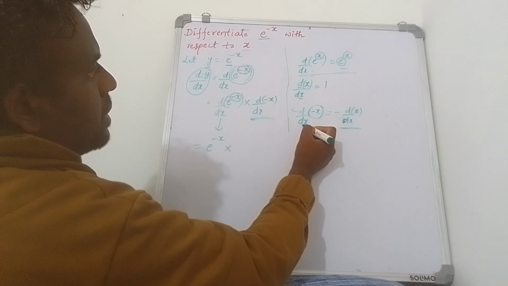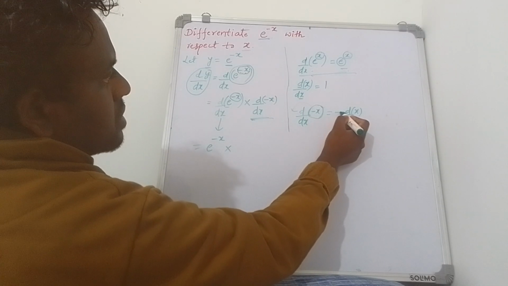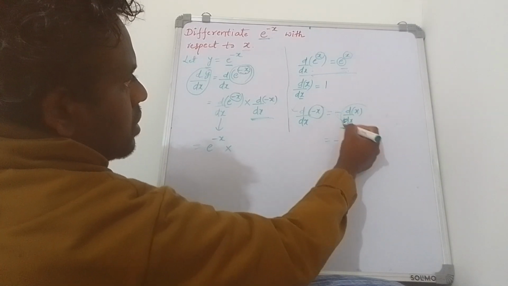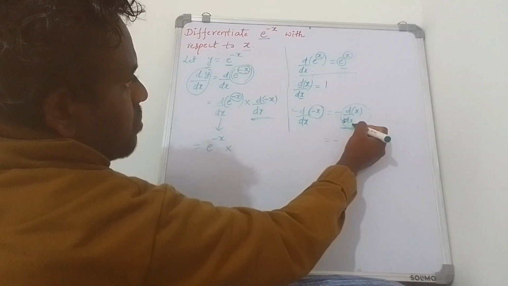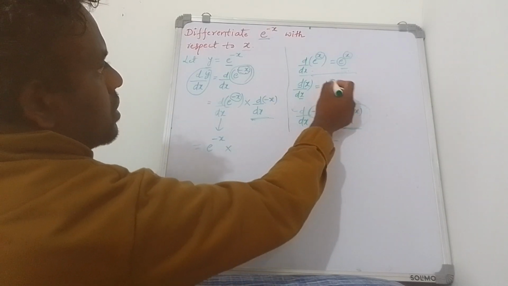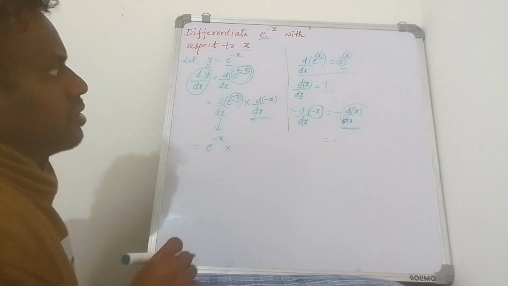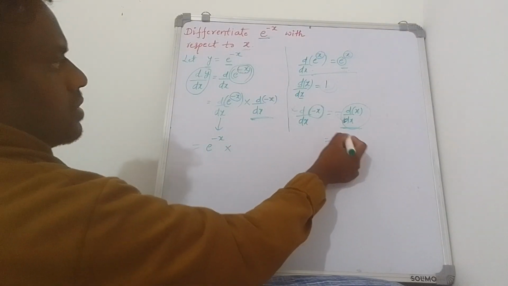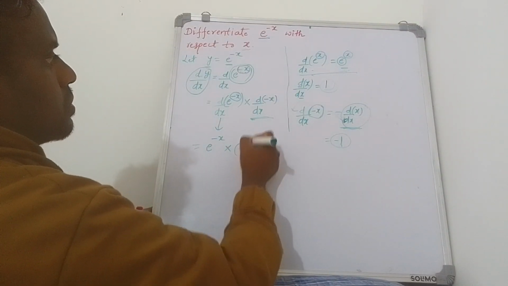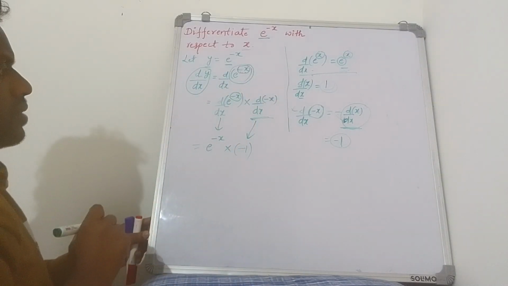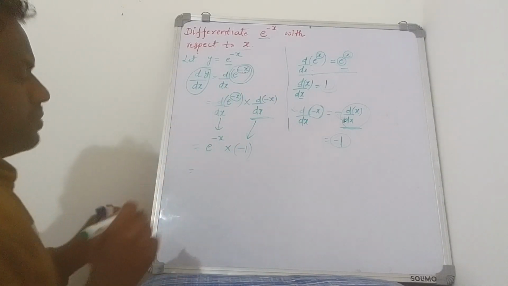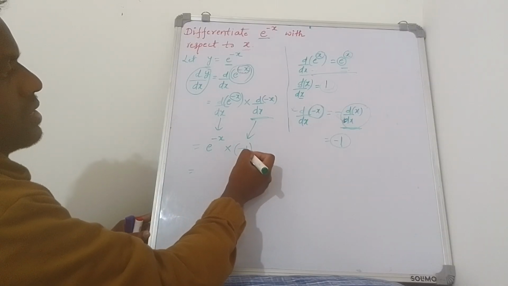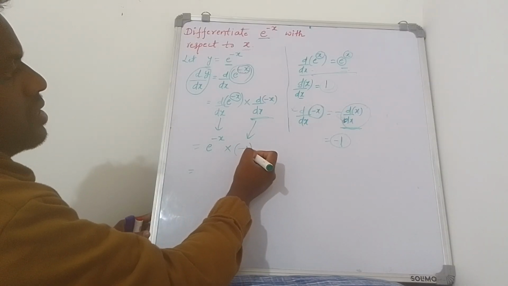Okay. D by dx of minus x, we can take minus as common, then this minus will be as it is. D by dx of x is equal to what? 1. Okay. Minus 1. So this we will write here, minus 1. Next, see, here minus 1 is there, here 1 is there.